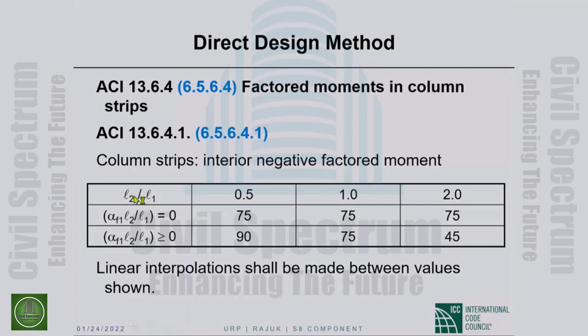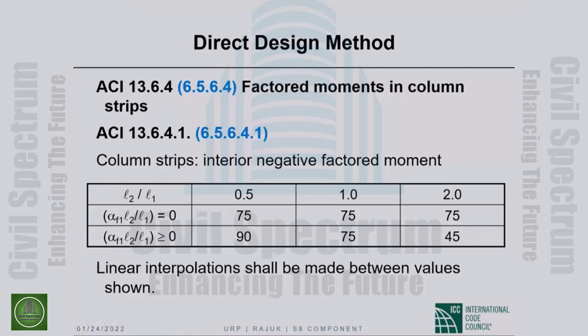It depends on L sub 2 over L sub 1 and whether we have column line beams or not. Our case is here: no column line beams, flat plate. So it is 75% of the interior negative factored moment going to the column strip, as I mentioned already.